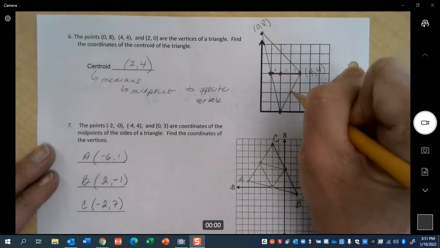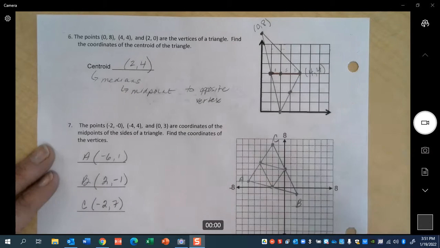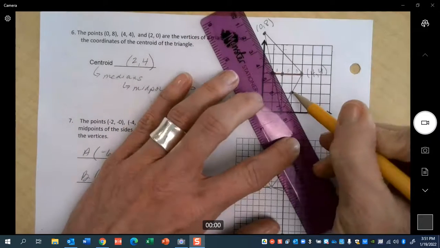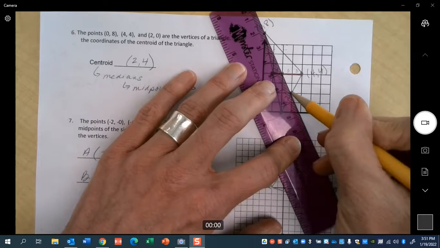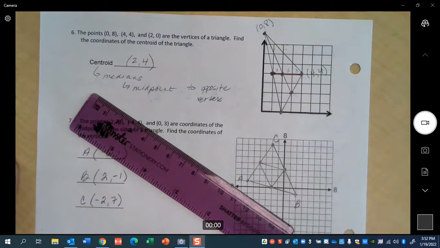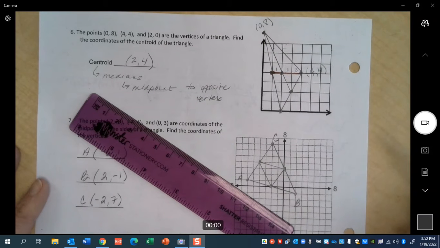I could also find the midpoint of this segment, and I can connect it to the opposite vertex. Notice it goes through the centroid, but it's a little harder to count the distance because it's diagonal.